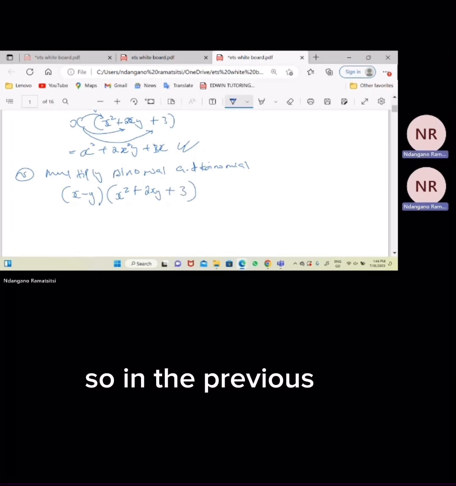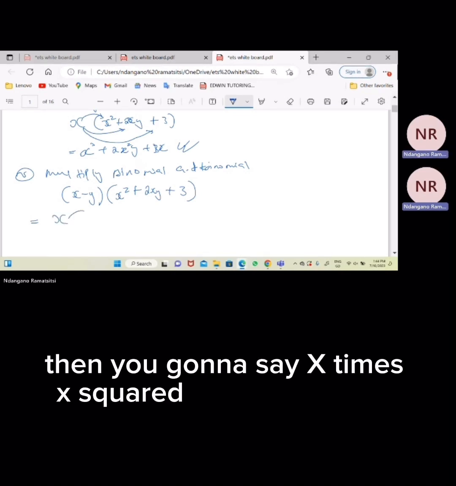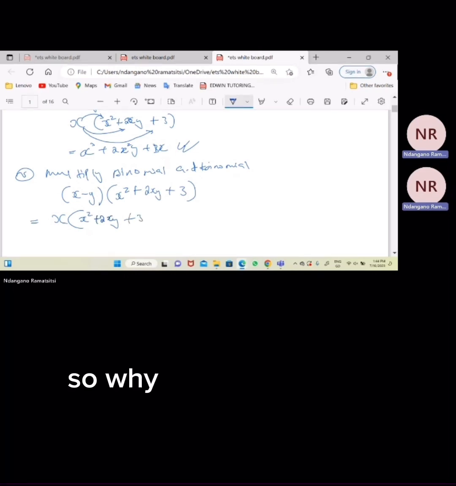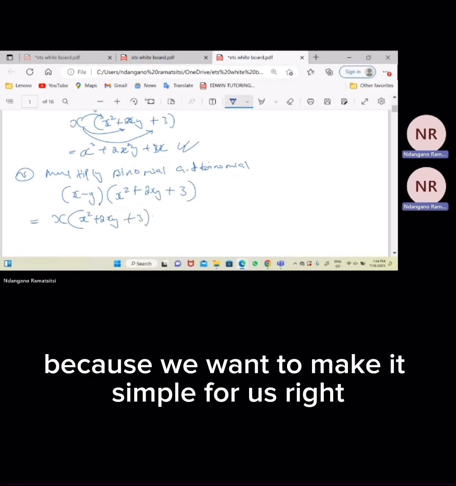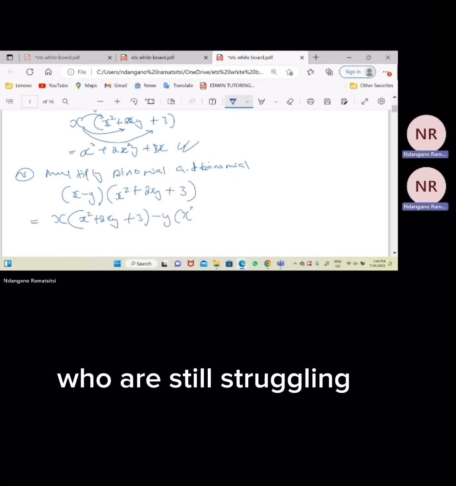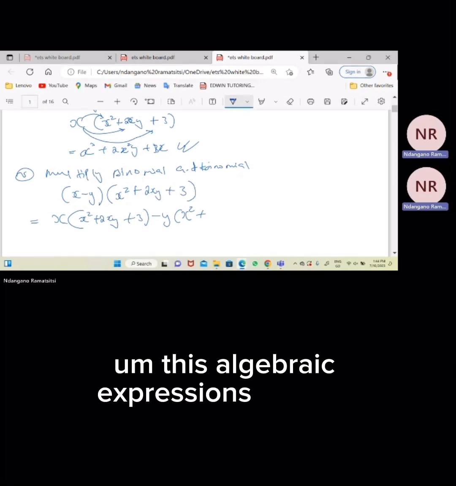So in the previous one, like I said, if you have a binomial, you have to separate. Then you're going to say x times x squared plus 2xy plus 3. So why are we doing this? Because we want to make it simple for us, right? For those who are still struggling with multiplying these algebraic expressions.